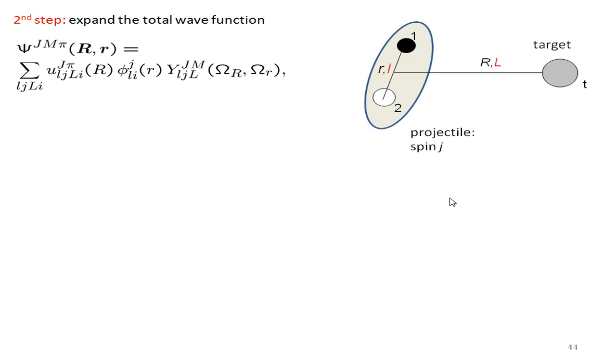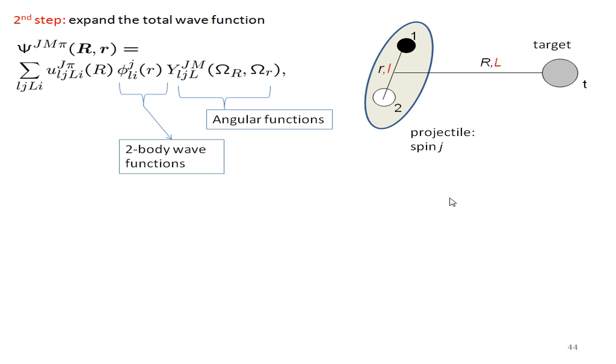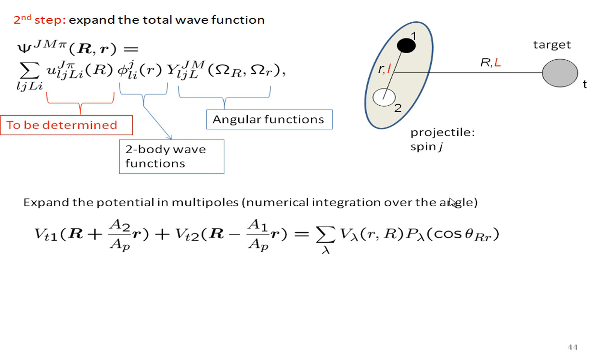So what you have to do once you have these functions is to introduce them in the expansion of the total wave function. So you have two coordinates, capital R and small r here. You have angular functions, which are well known. These are the two-body wave functions that you found before, and these are the relative functions that you want to determine. So the first thing to do is to expand the potential.